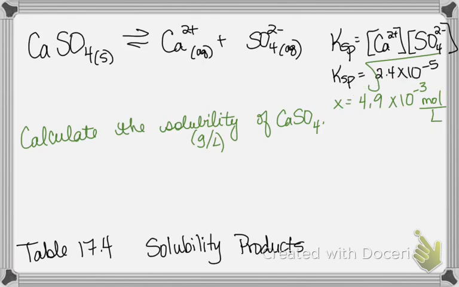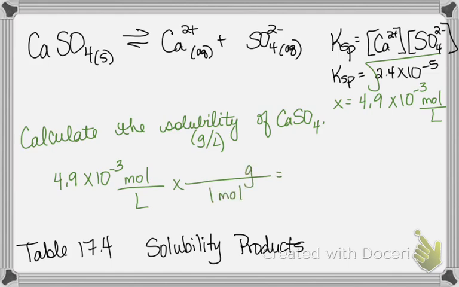And then to go on and calculate the solubility, you're going to take that number, 4.9 times 10 to the minus 3 moles per liter. And do you see that to calculate the solubility, it's simply a moles to grams conversion. So it is simply a molar mass. A mole of calcium sulfate is equal to, calculate the molar mass of calcium sulfate.